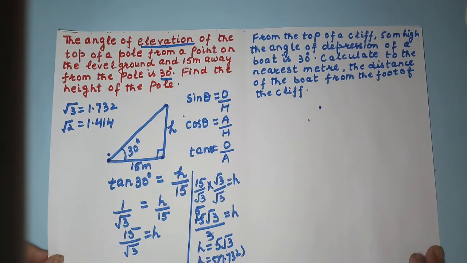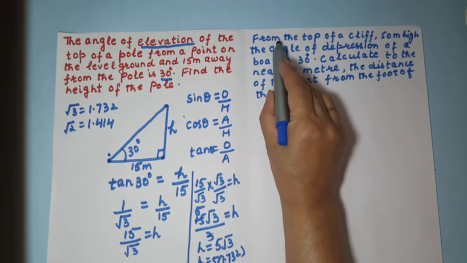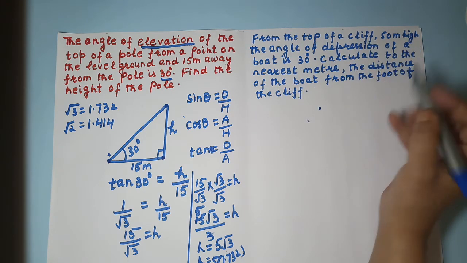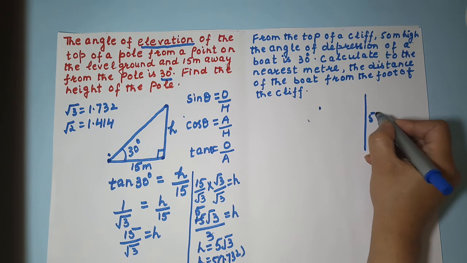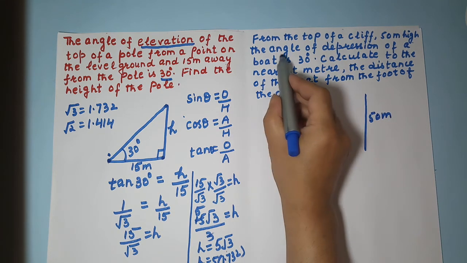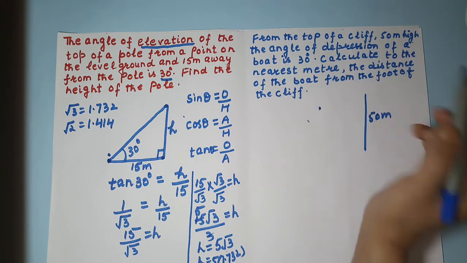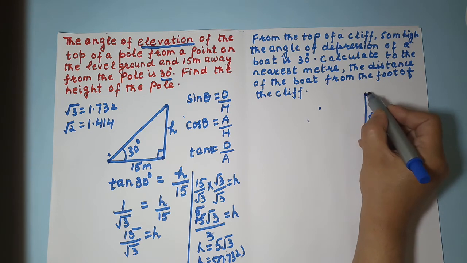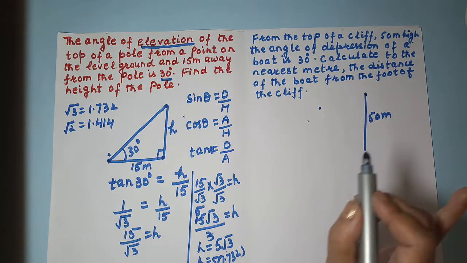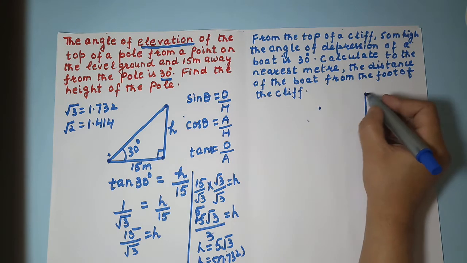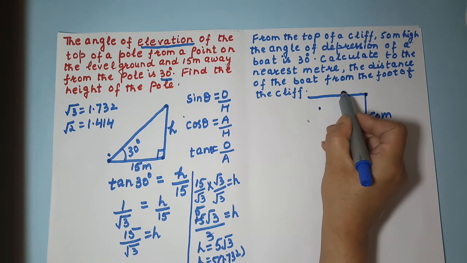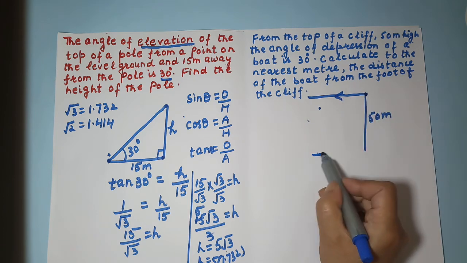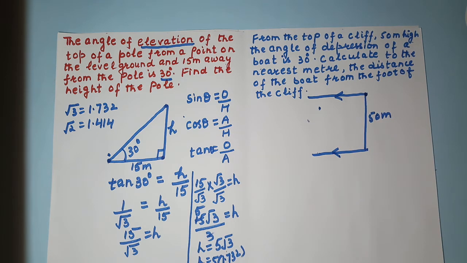Now another one. Here he is talking about a cliff. From the top of a cliff, 50 meters high. So this is a cliff whose height he has given as 50 meters. The angle of depression. So you're looking from the top of this cliff at some object. Okay, what is the object? Boat. So quickly it should come to our mind that there has to be a reference line which is parallel to the ground line here, right?